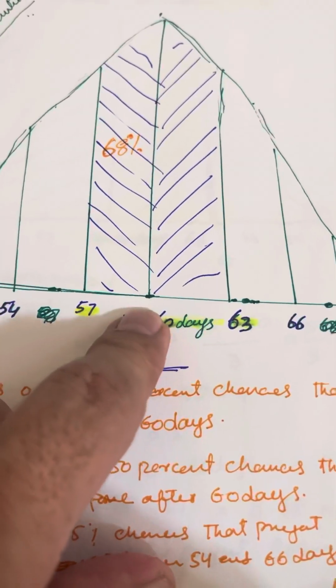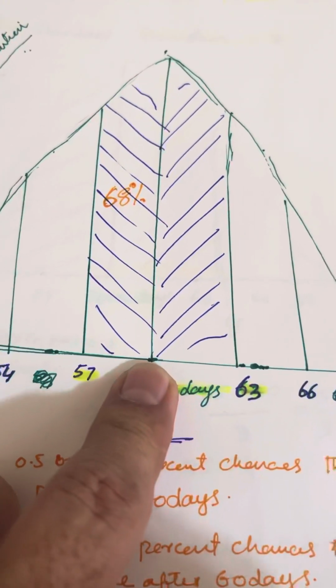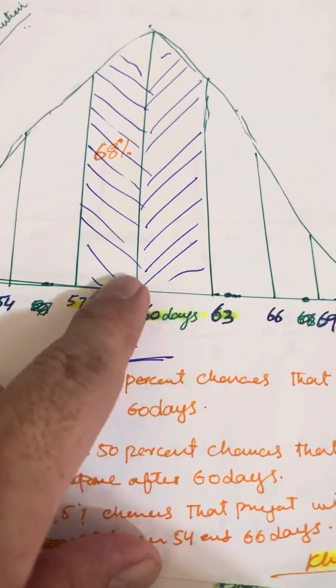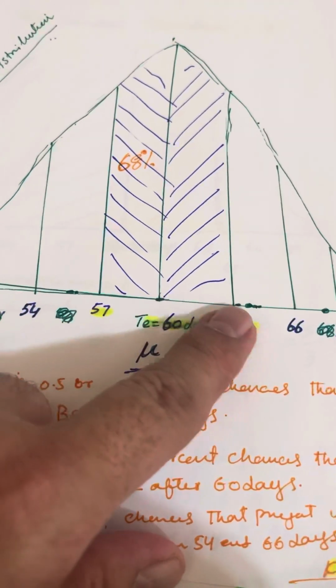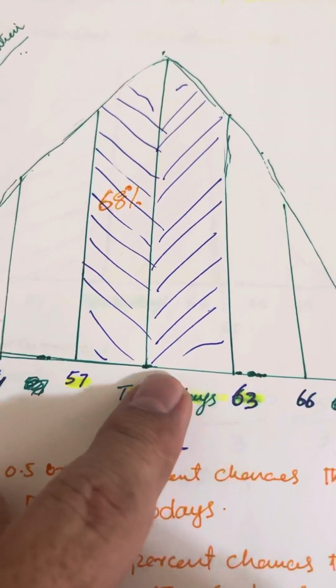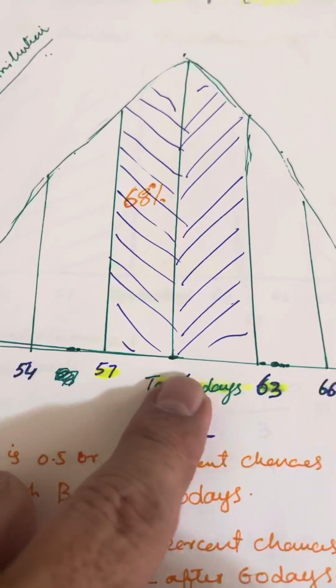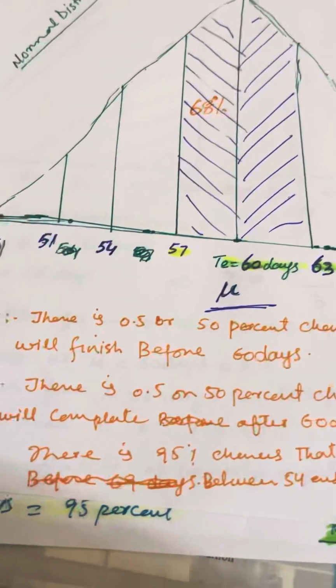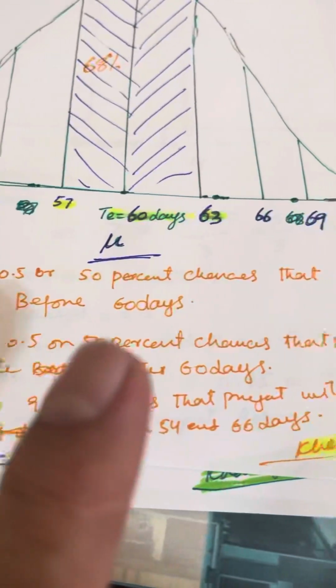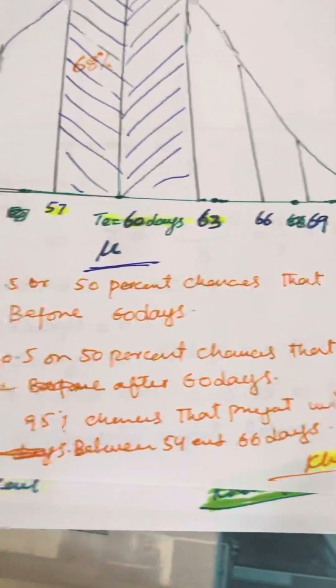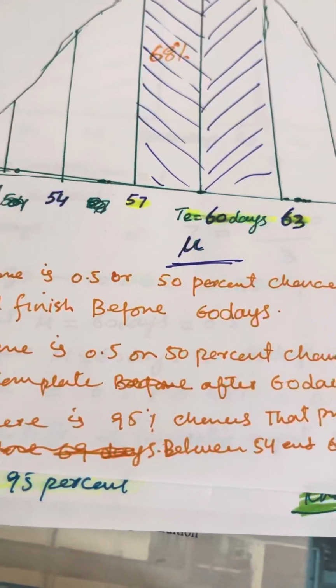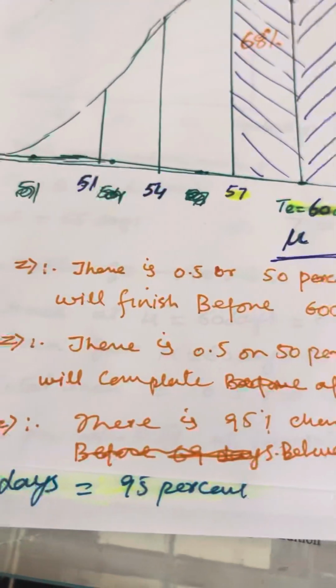So this is 60 days, the earliest finish. From this side also it is 0.5. So there is a 50% chance that the project will be completed after 60 days.